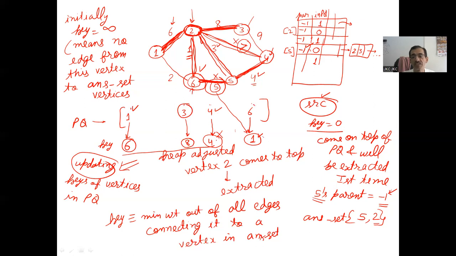Vertex 6 is reachable with weight 1. And the answer set has 5 and 2; earlier the answer set had only 5. Some vertices were not reachable or not considerable. Out of this, again, the minimum one will be selected. So in the next iteration, vertex 6 will get selected, its tree will be extracted, and the process will be repeated.